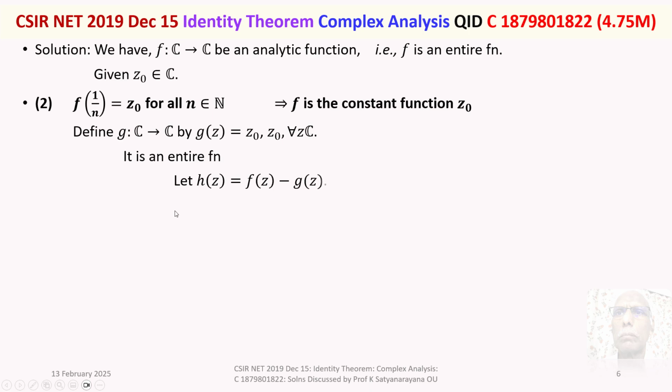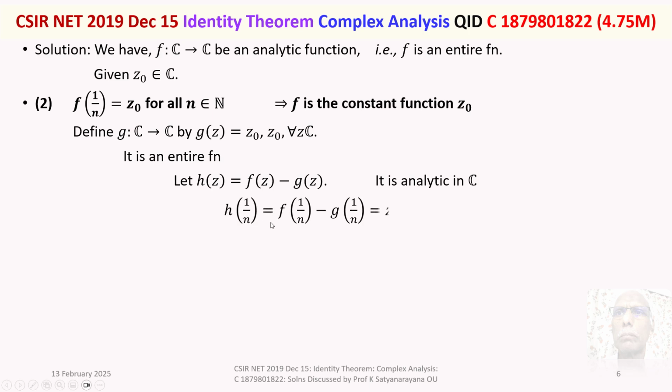Right. Let us define another function h of z as f of z minus g of z, and both f of z and g of z are analytic, are entire functions. h of z is also an entire function. Agreed.